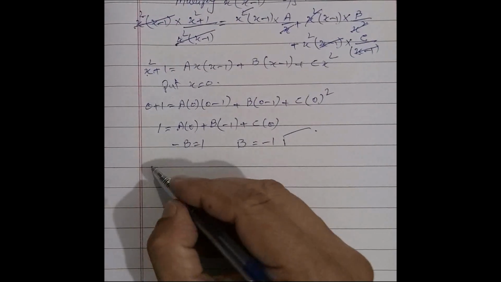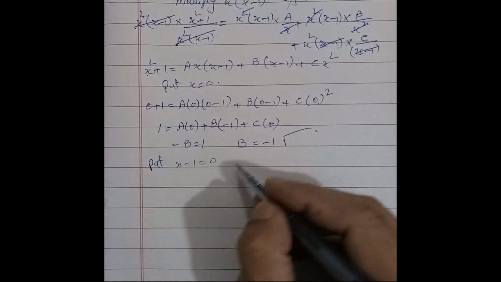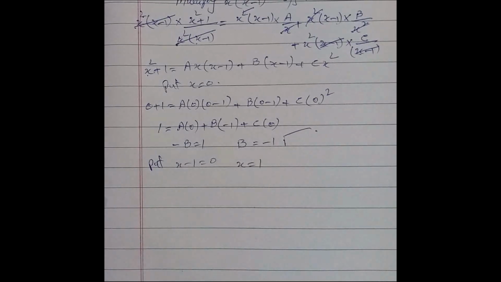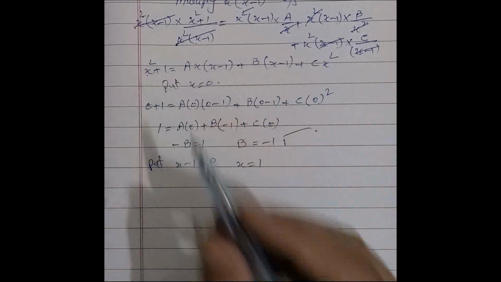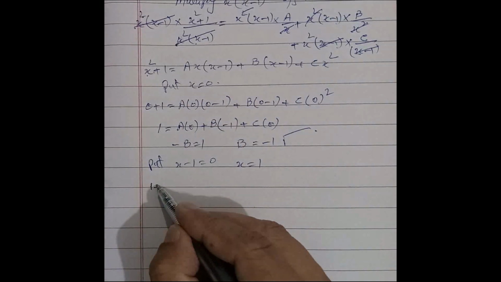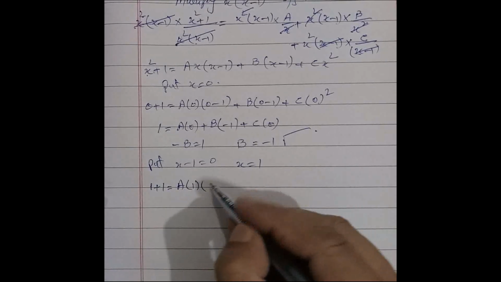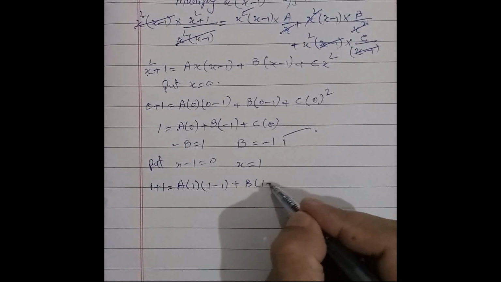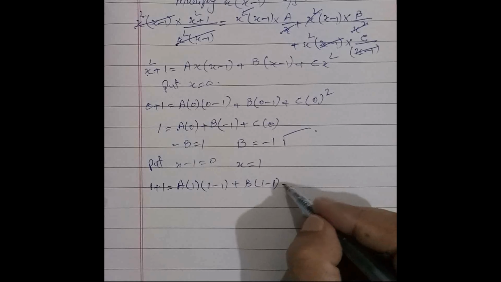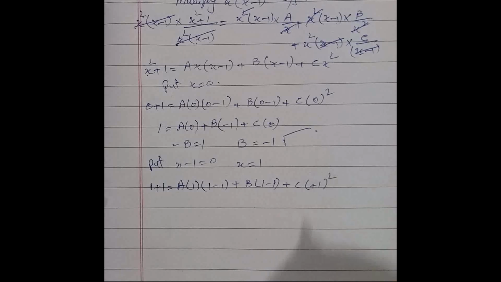Now we put x minus 1 is equal to 0, x is equal to 1. So we put the value of x, which is equal to 1, in the equation. We get 1 square plus 1 is equal to a into 1 into 1 minus 1 plus b into 1 minus 1 plus c into 1 square.